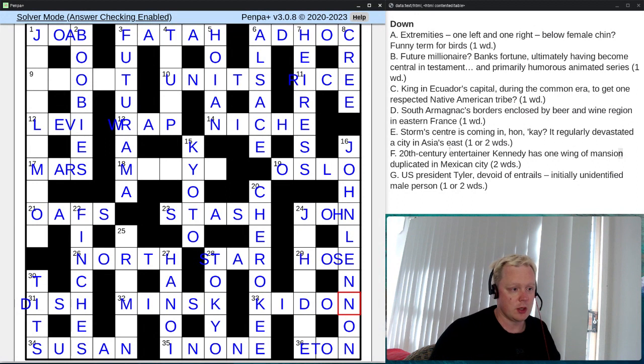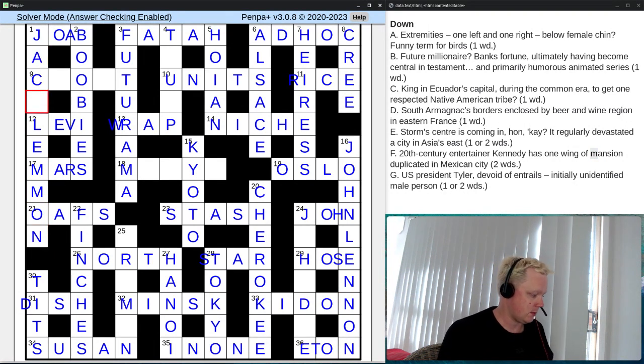Now, Leon is also the Mexican city for the second reading, and that is also a 20th century entertainer. So John Lennon, obviously a musician, and here we are looking for an actor. And it's now this other side of mansion, M, duplicated in Leon, and that gives Lemon, which fits here, and this Jack Lemmon.